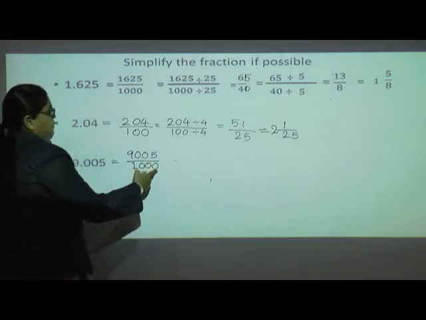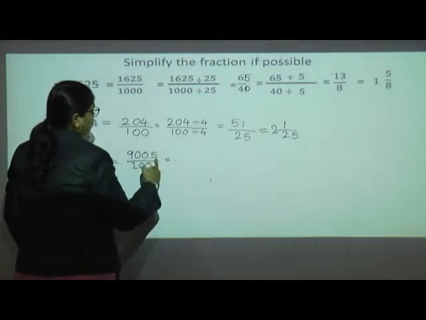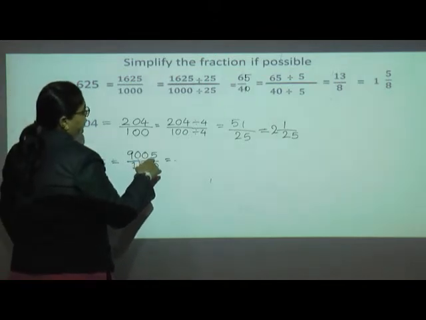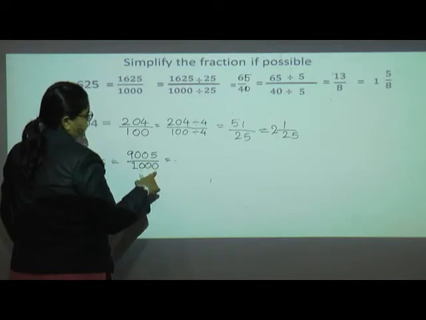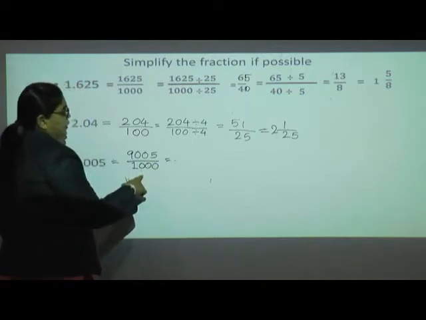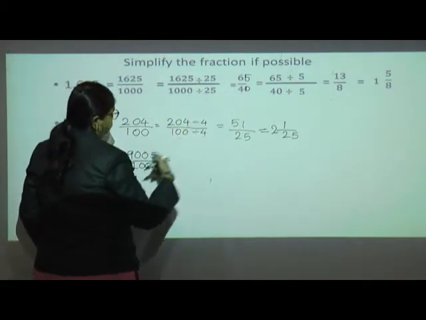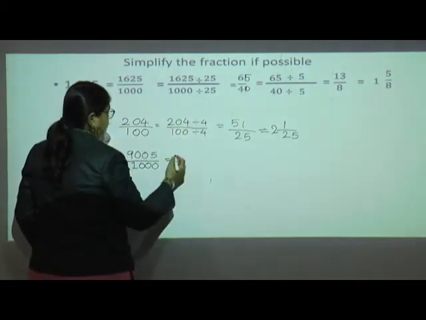Now is it possible to reduce? We will see. Yes, it is possible by 5, because we are having 5 in the ones place here, and 0 here. So we will try to reduce by 5. I will show you in detail how many steps there will be for this.